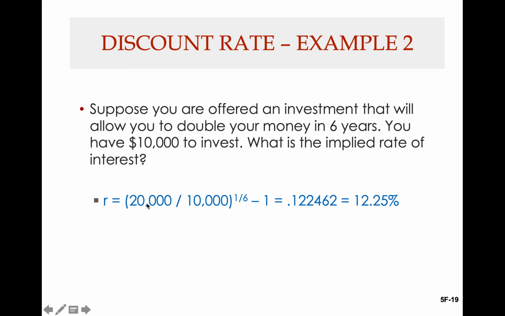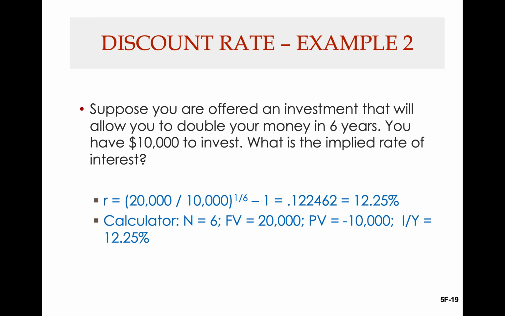So we divide our 20,000 by our 10,000 present value, raise it to the power of 1 over 6, minus 1, and we get 12.25%. What about our calculator? Again, the number of compounding periods is 6, future value 20,000, present value negative 10,000 because we're investing, it's a cash outflow for us today. Our interest rate is 12.25%.